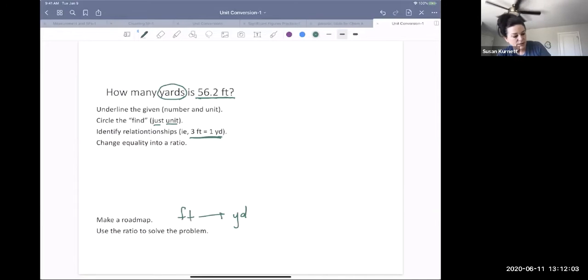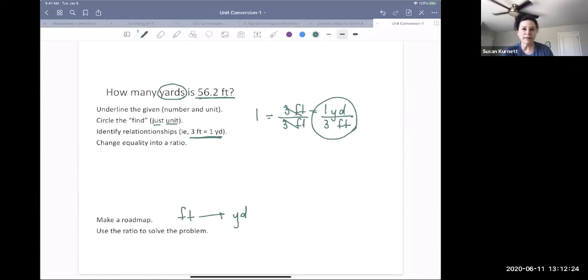So this equality, 3 feet equals 1 yard, what I'm going to do is divide both sides by 3 feet. And then anything over itself equals 1. And now I have a ratio that came from a definition. So this is exact. It has no limit to the sig figs.